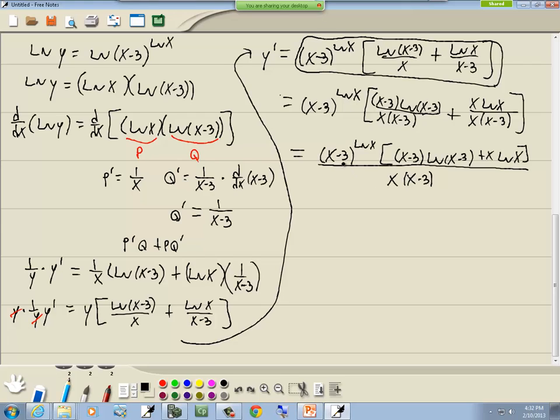Now, this is x minus 3 to the power, and this is x minus 3 to the first power. I could subtract those, and it might simplify it a little bit. Basically, it would look like this: x minus 3 to the natural log of x minus 1 times x minus 3 natural log of x minus 3 plus x natural log of x, all over x.